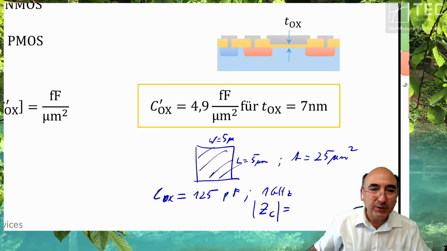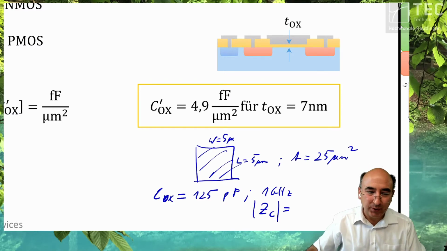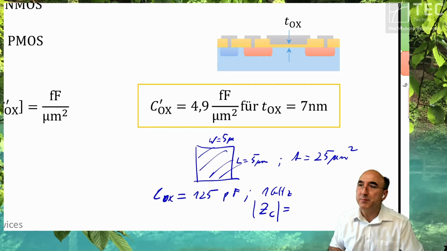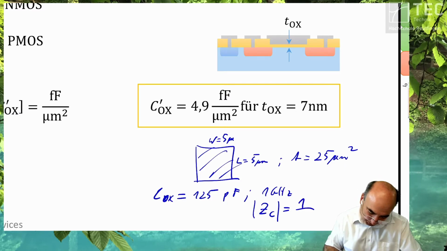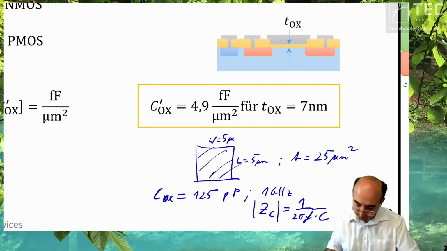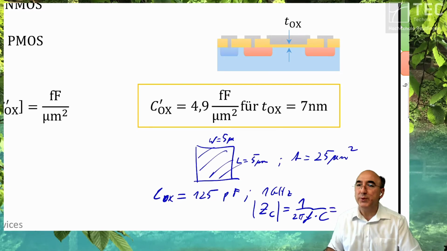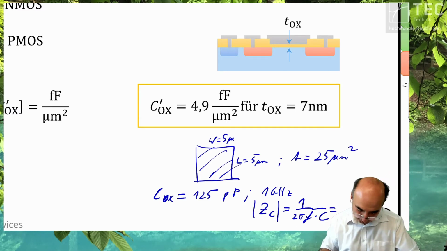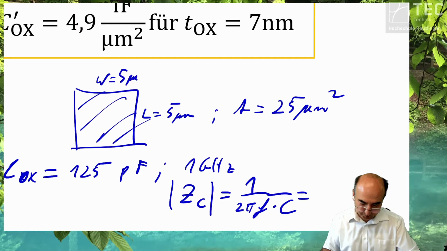So the magnitude of the impedance is calculated by 1 over 2 pi f times the capacitance C. So what do we have as an impedance? So the absolute value of the impedance. Yes, please.